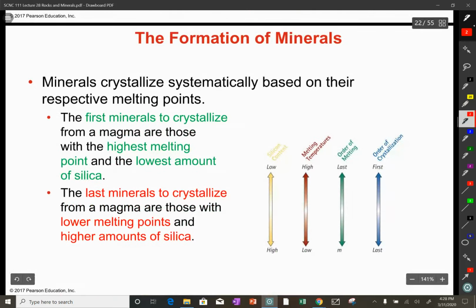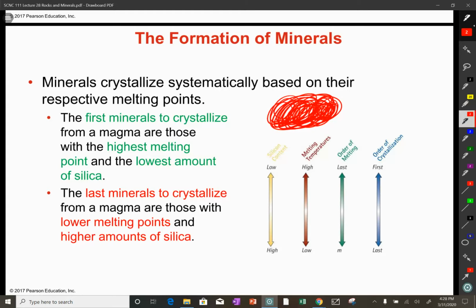This here is really important, something you're going to use in your homework. Minerals crystallize systematically based on their respective melting points. So here's my chunk of molten magma, and that magma contains a bunch of elements. It contains silicon and oxygen and potassium and calcium and so on.